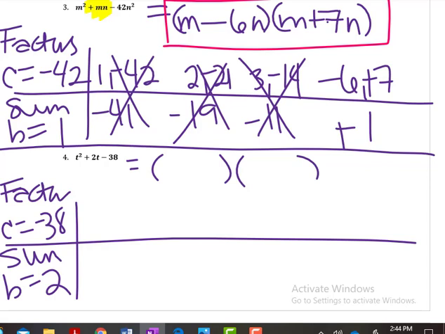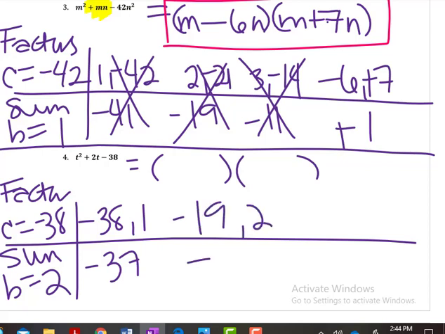Well, with negative 38, I can do negative 38 and 1, which gives negative 37, or negative 19 and 2, which is a negative 17. And if I change these signs, it just changes the value from negative to positive.